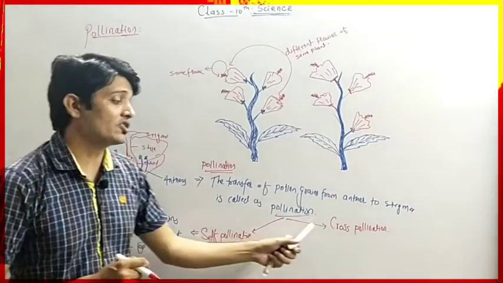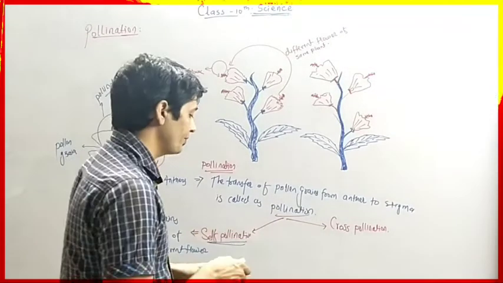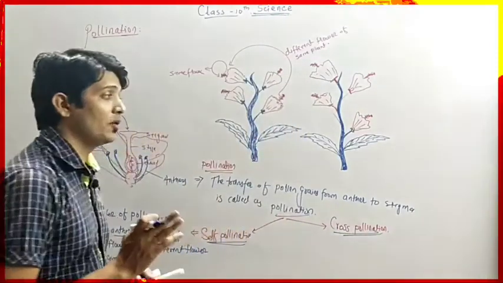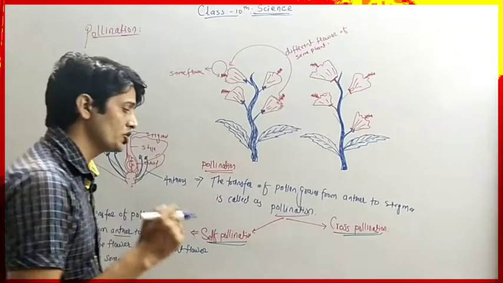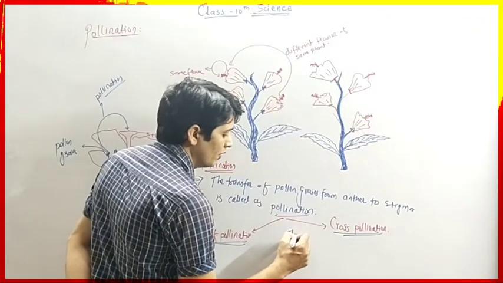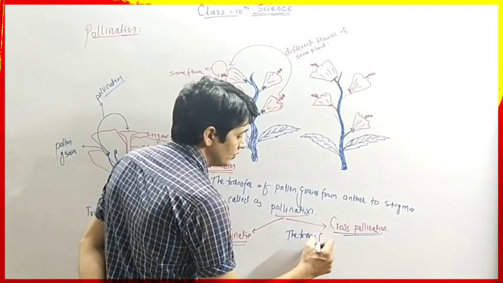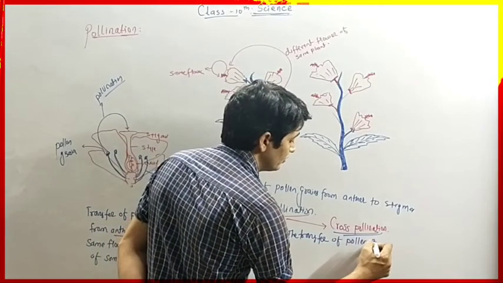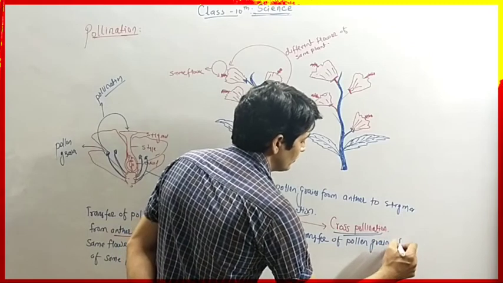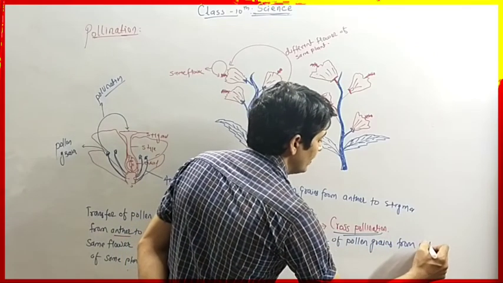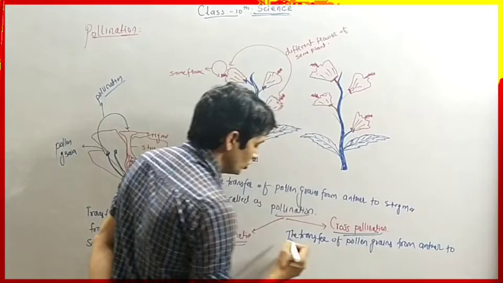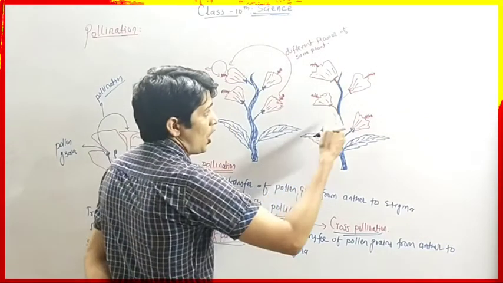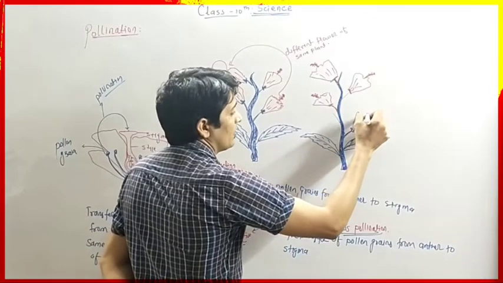Now we will understand cross pollination. What is cross pollination? Here again the transfer of pollen grain takes place from anther to stigma of different flower.